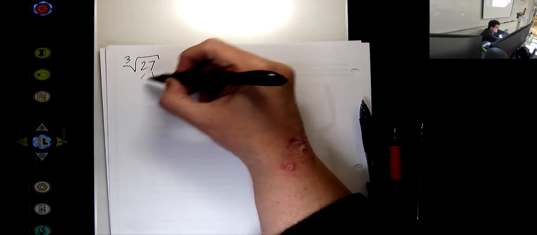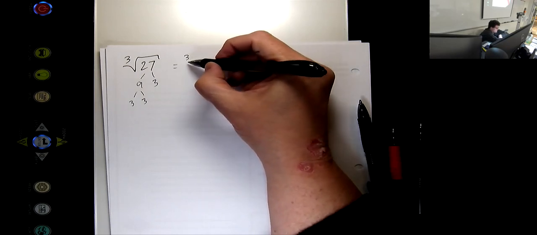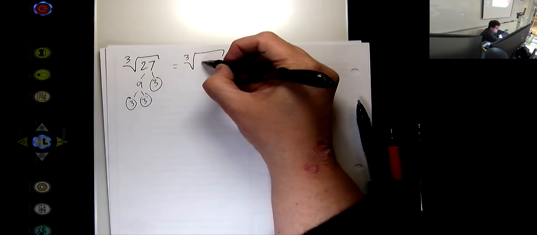We can always factor the 27. 27 is 9 times 3. 9 is 3 times 3. So I can rewrite this as the cube root. I've got 3 showing up 3 times. So I've got 3 to the 3rd power.